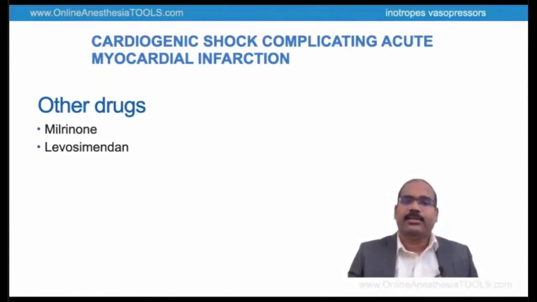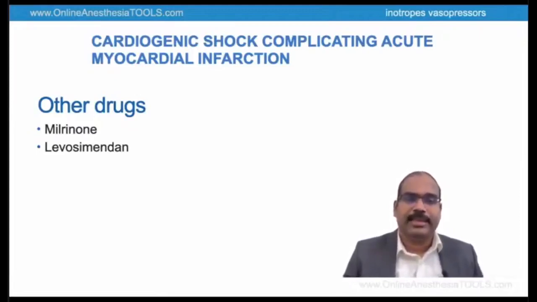Therefore, levosimendan's role in cardiogenic shock is still not clear. The recommended dose is 0.05 to 0.2 mcg per kg per minute and it should not be administered if your systemic blood pressure is less than 90 millimeters of mercury.